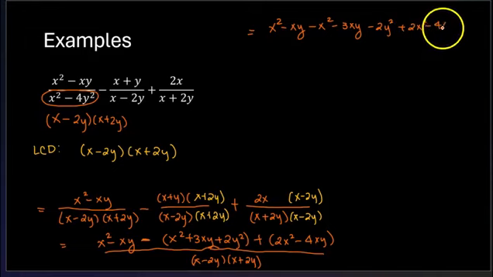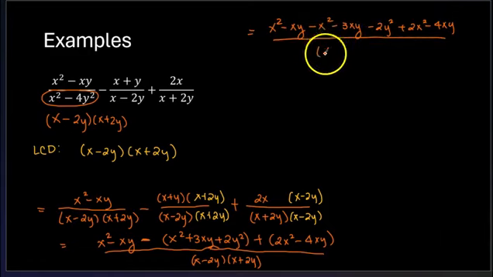Now we just have to combine similar terms or like terms. So do we have x squared? This will cancel out, positive and negative. So that would become 0. How about the xy terms? So this is negative xy, negative 3, and negative 4.